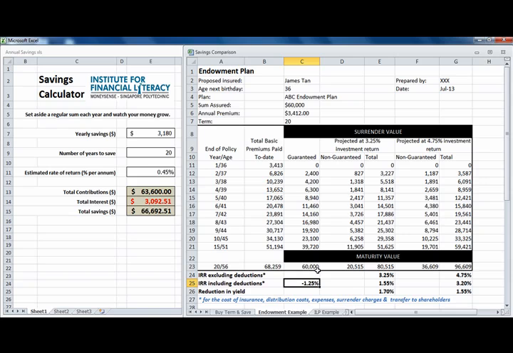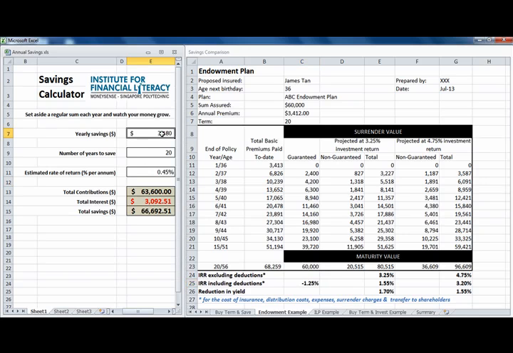Two scenarios of investment returns of 3.25% and 4.75% are shown. Again, taking into consideration the cost of insurance, distribution costs, expenses, surrender charges, and transfer to shareholders, the rate of return will be 1.55% and 3.2% respectively. We can demonstrate this using the savings calculator.